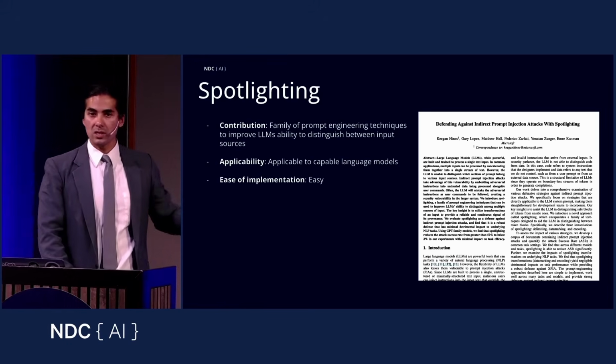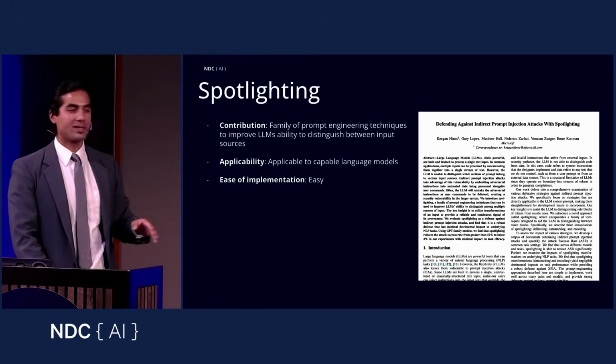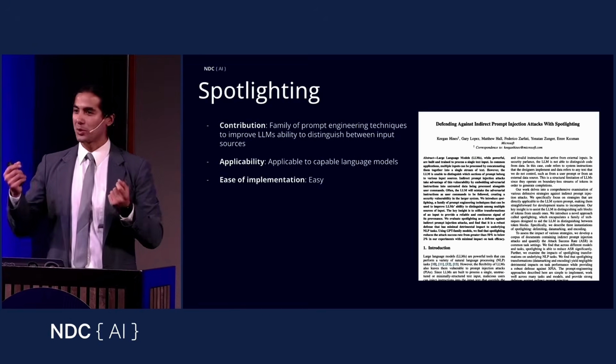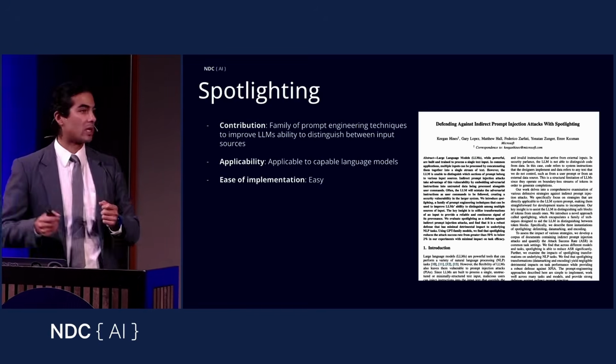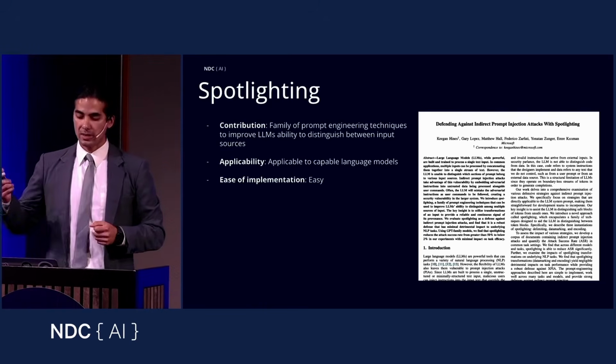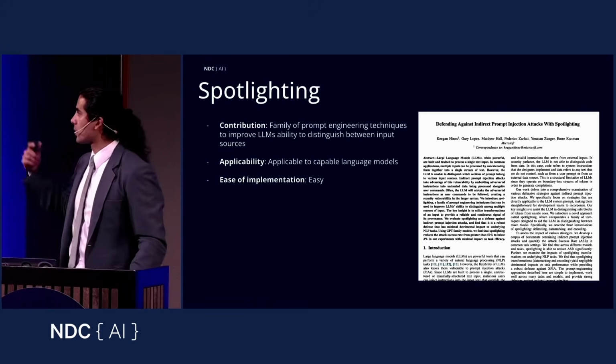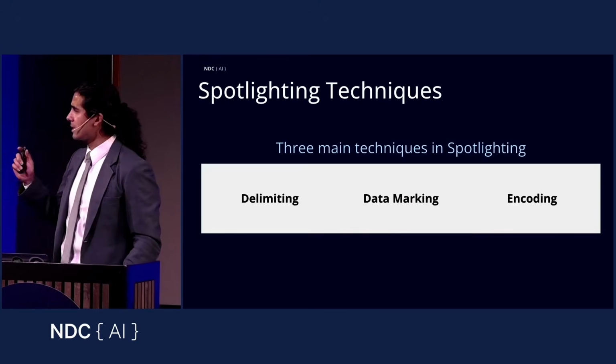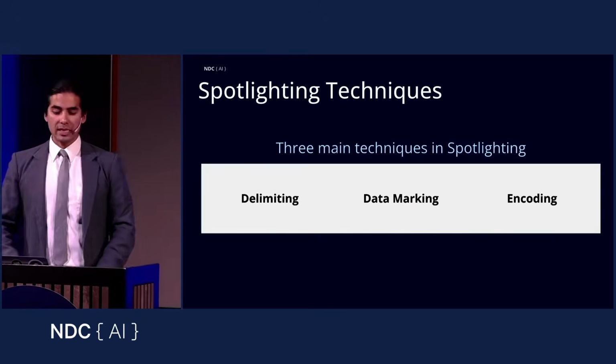It is super easy to implement. As I go through the slides, hopefully you realize that this is something you can implement in 1 or 2 lines of code, and that can make a huge difference in how prone these systems are to jailbreaking.